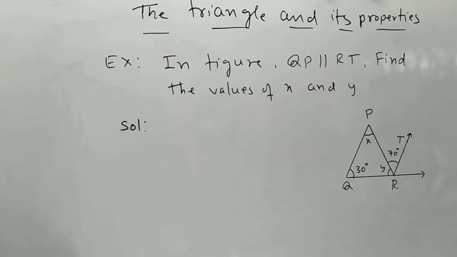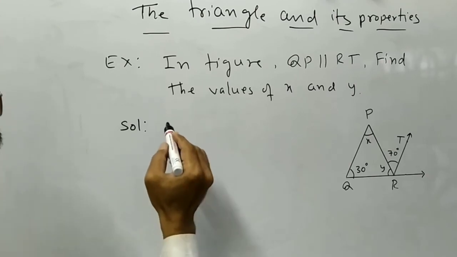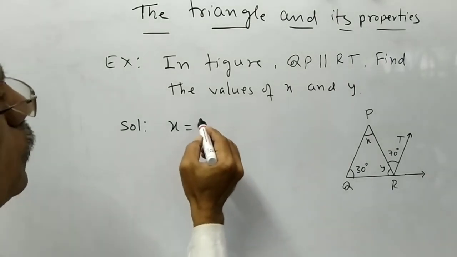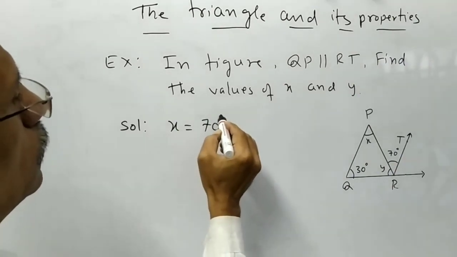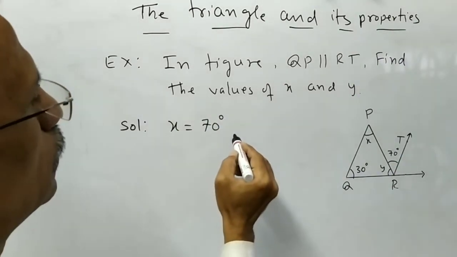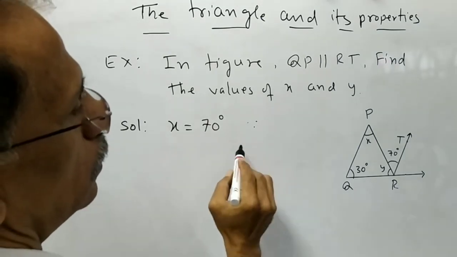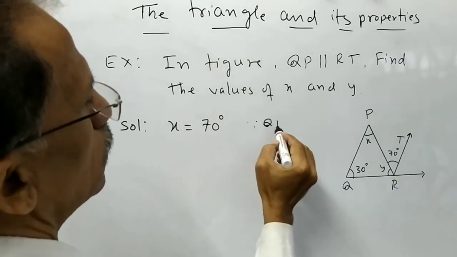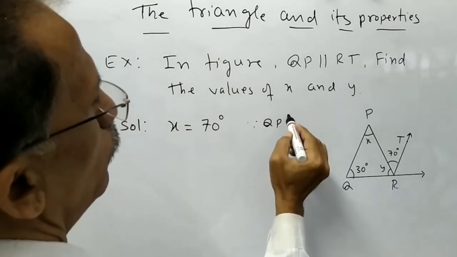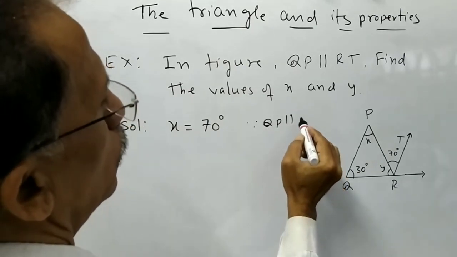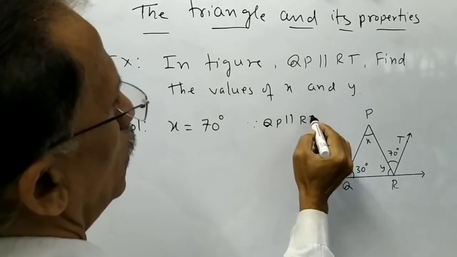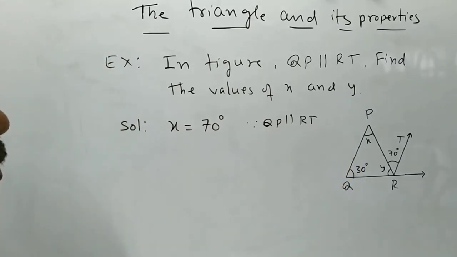Solution: X is equal to 70 degree because QP is parallel to RT. Why?